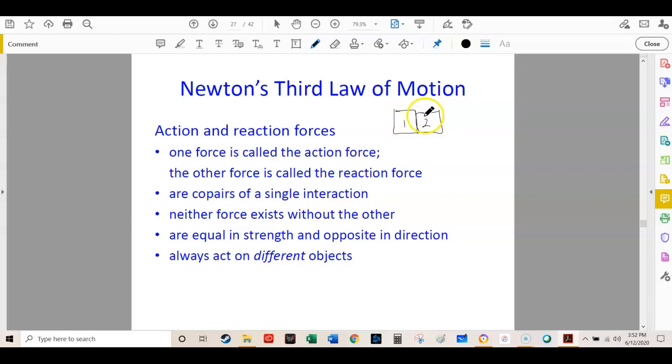So just imagine that you're standing here and then your friend comes up and starts leaning upon you, right? Well, you are going to feel, block 1 is going to feel block 2 pushing it to the left, right? And so that's block 2 pushing on block 1 to the left. So I'm putting a negative there, right?